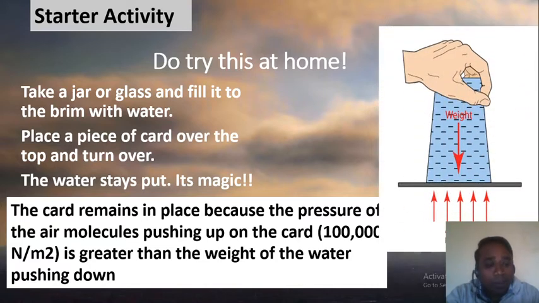So atmospheric pressure is counterbalancing the weight of water in the glass. It shows that air does have pressure.